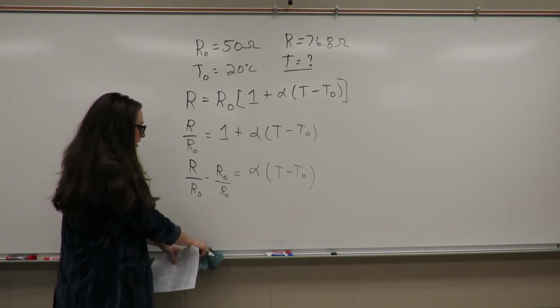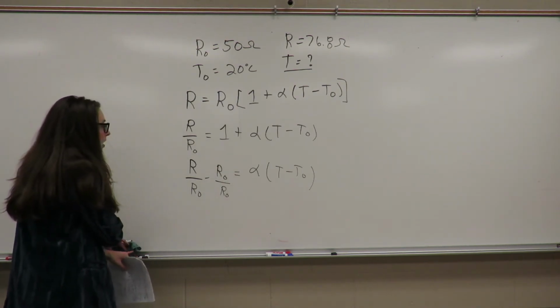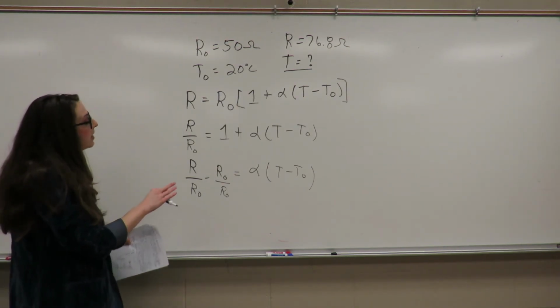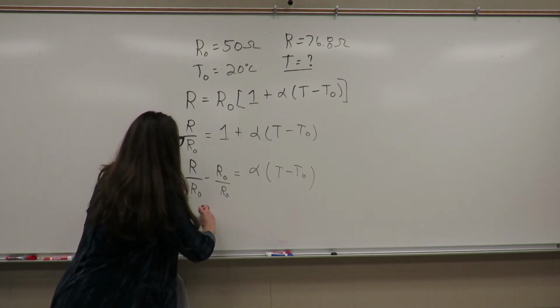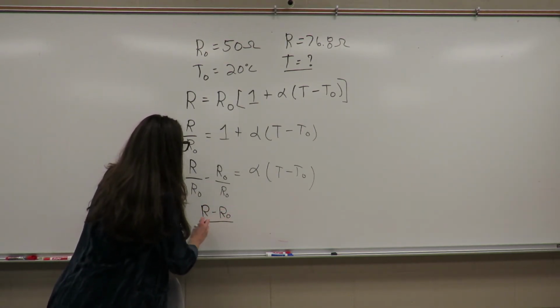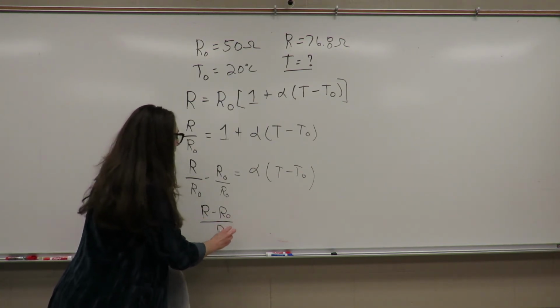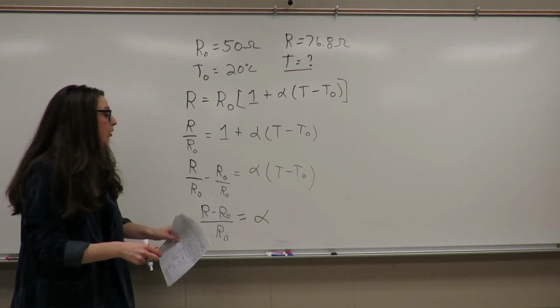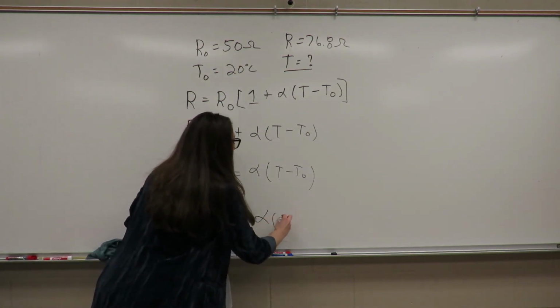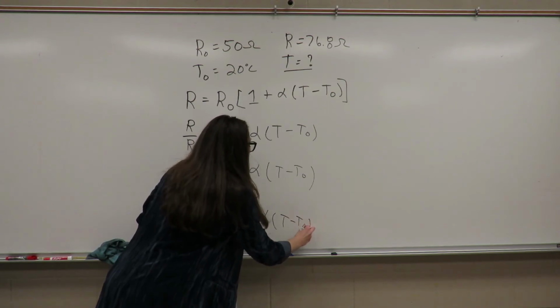And so this expression that we have right here, R over R0 minus R0 over R0, we can rewrite as R minus R0 all over R0. And that equals alpha, our temperature coefficient of resistivity, times T minus T0.